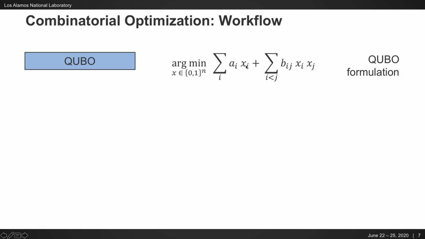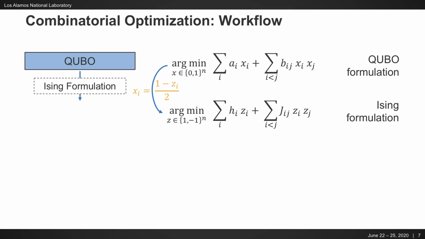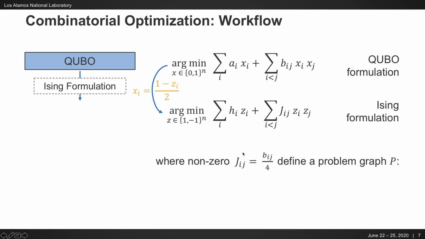Now, if we substitute for the variables x here, then we get the Ising formulation. And this now already looks very similar to what we had before as the ground state of quantum annealing. What is important in this transformation is that these couplers J_ij are non-zero if and only if the B_ij were already non-zero. So these non-zero values define a problem graph P.